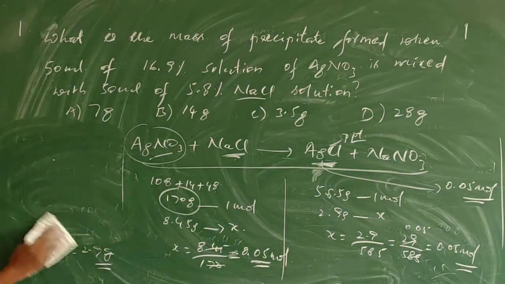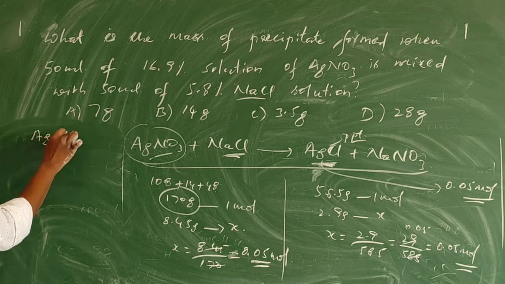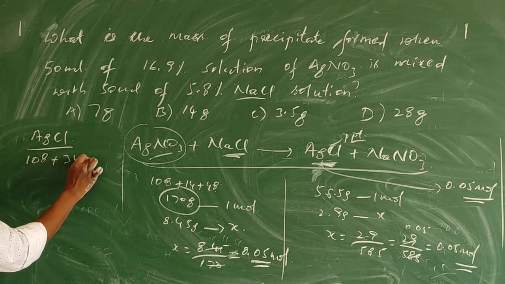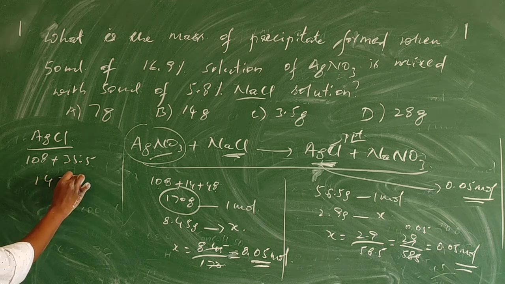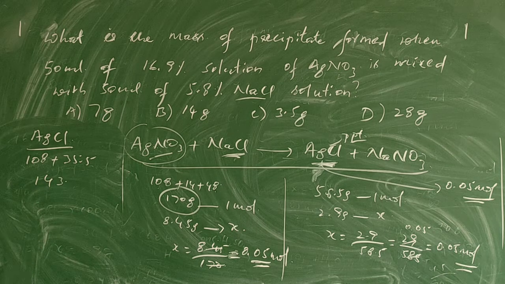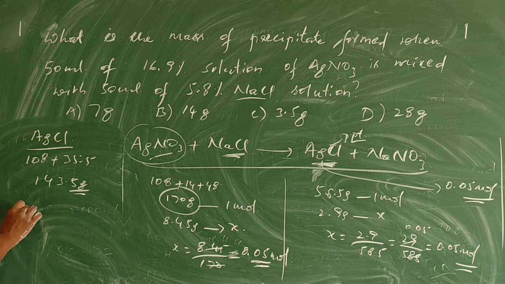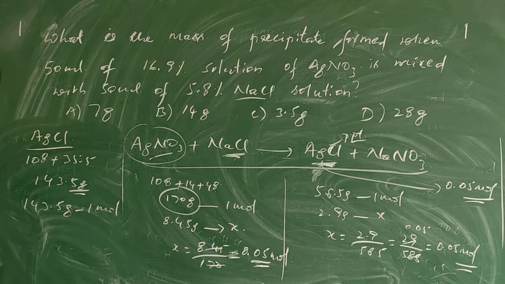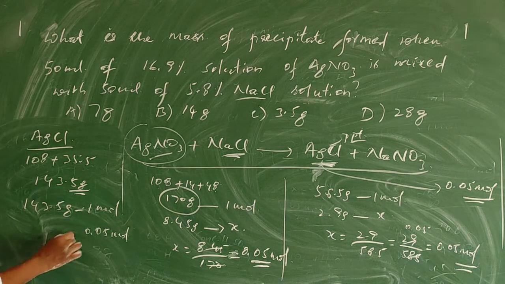how to convert that moles into mass? Silver chloride, what is the molar mass? Silver is 108, chlorine 35.5. Almost it will be 143.5. So this is the molar mass of silver chloride. So 143.5 grams represents 1 mole. Then 0.05 mole represents how many grams?